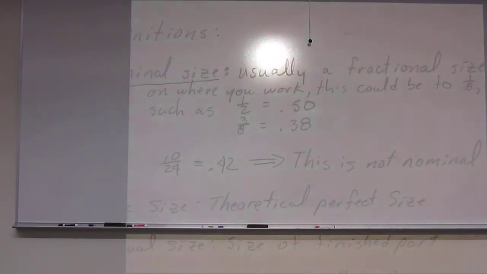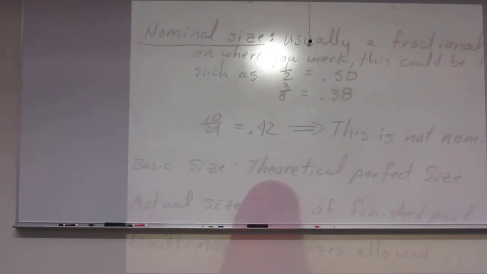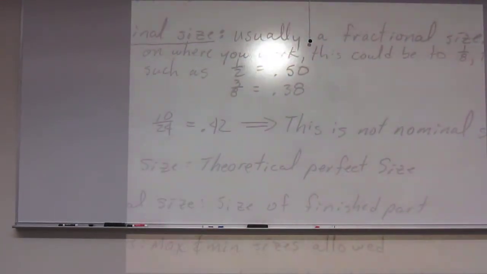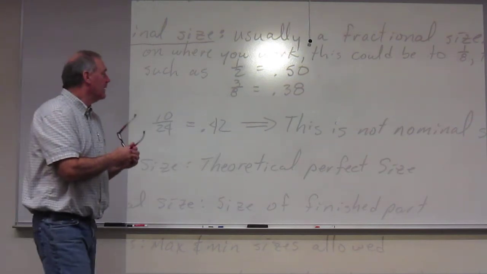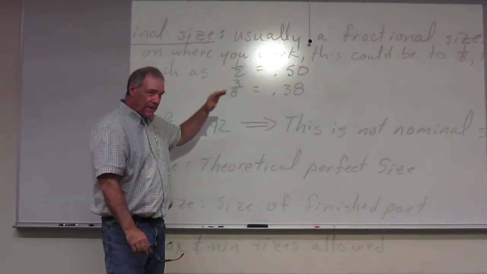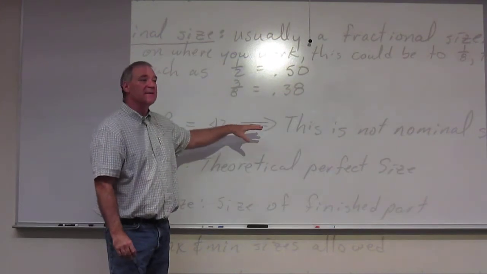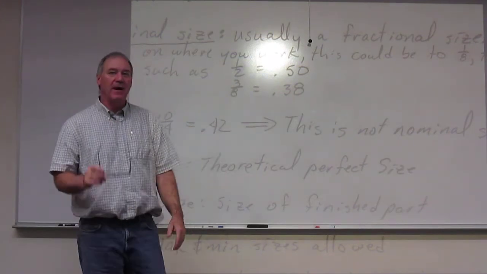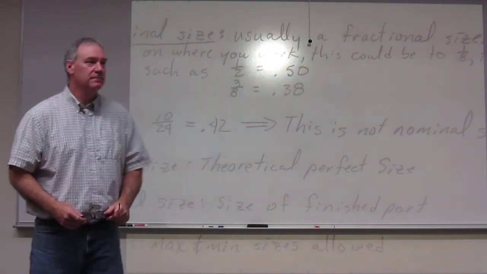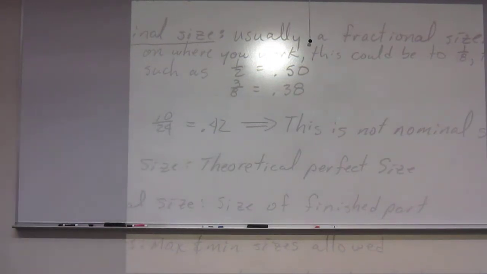A 16th, 3/8, 5/16, 7/16, 9/16, 11/16, all these. When I come to something that's a little outside of it, I'm using a fraction that's maybe a little different, like 0.42, 0.473, something that doesn't line up with my nominal sizes. Again, dictated by where you work, in essence, it's your rounding. You're going to round to a nominal size. That's what we do.